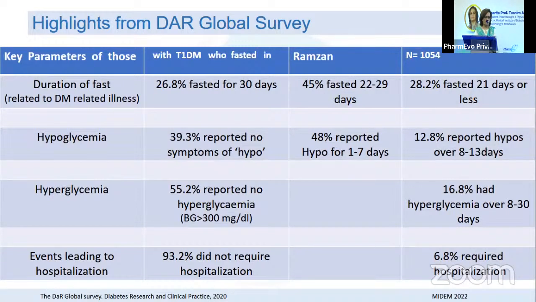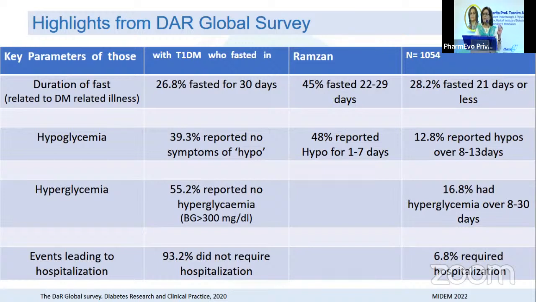In terms of hypoglycemia, 39.3% reported no symptoms of hypo. So that's a good number. I mean, if about 40% could fast without any hypo, then that indicates that good preparation was in place in these patients. 48% reported hypo of 1 to 7 days, and 12.8% reported hypos over 8 to 13 days.